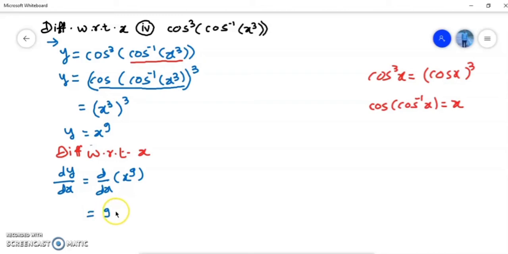It is 9x raised to 8. dy by dx is found. So though it looked complicated in the beginning, you used one trigonometric property there, and this is how you will solve the examples in the upcoming questions in this exercise 1.2. So let us see those examples.